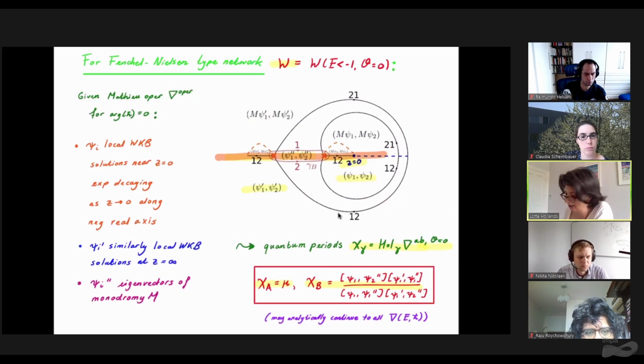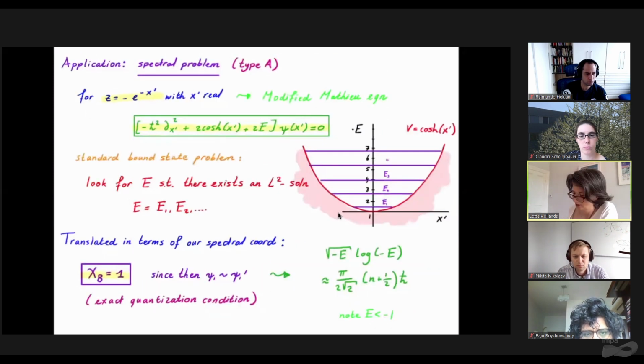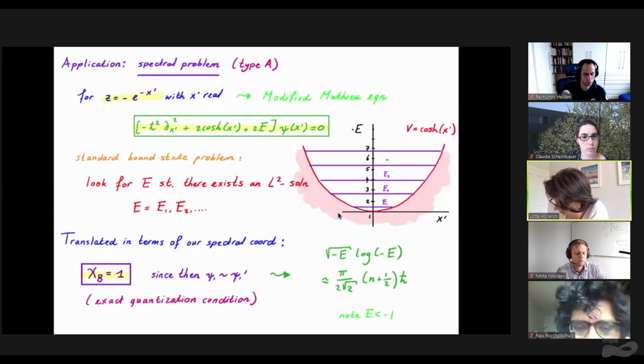That means that we want psi1 and psi1 prime to be proportional, which means that the spectral coordinate xb just reduces to 1. So in terms of our spectral coordinates, the spectral problem has a very simple form, and this is sometimes called the exact quantization condition for this problem.